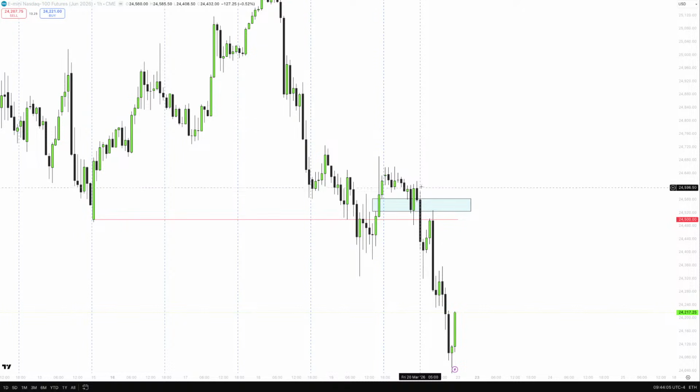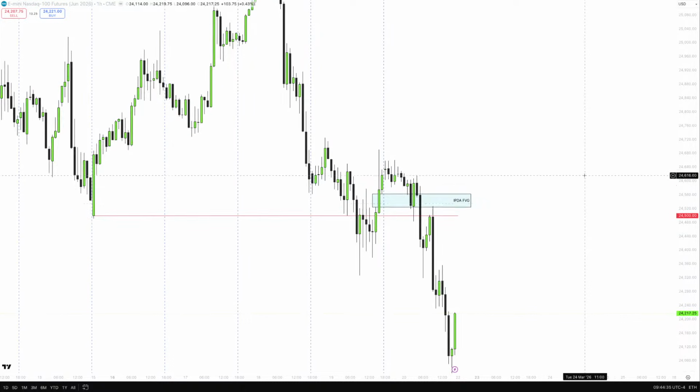So 5 o'clock is not an IPTA time because it doesn't add up to 3, 6, or 9. Then the next fair value gap we have is this one at 3 p.m. This adds up to 6. So 1 and 5 equals 6. So this is an IPTA FVG.